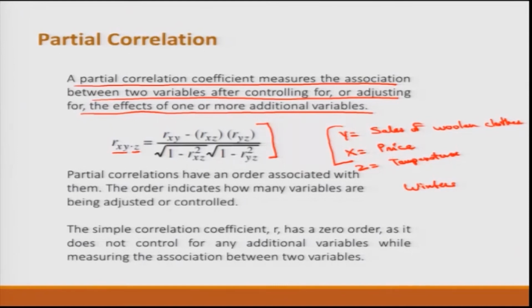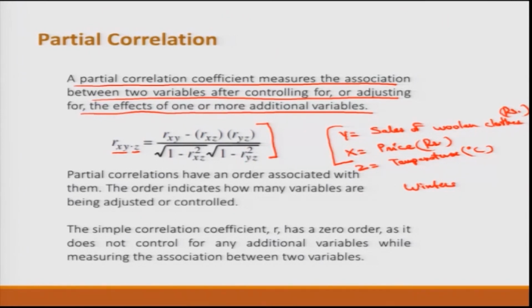So, here the continuous dependent variable would be woolen garment sales measured in rupees, the continuous independent variable would be the price also measured in rupees, and the single control variable, that is a single continuous independent variable which we are adjusting for, would be the temperature, that is measured in degrees. And we may believe that there is a relationship between woolen garment sales and prices.